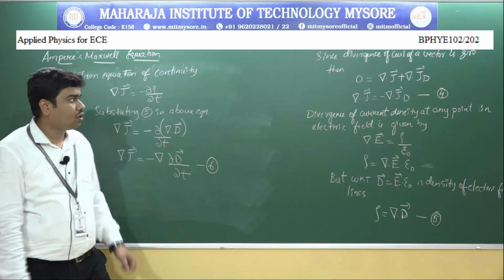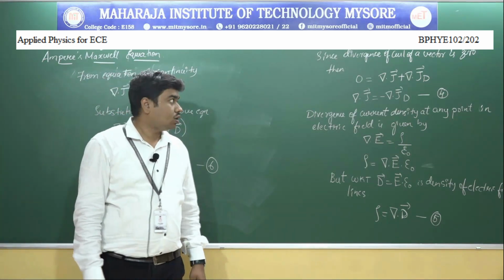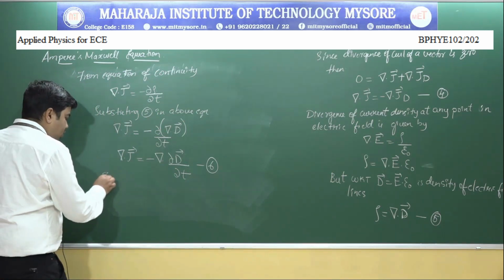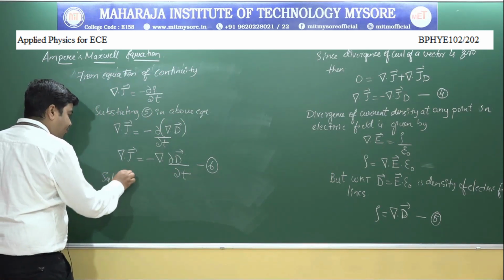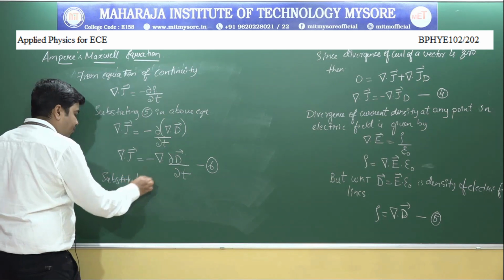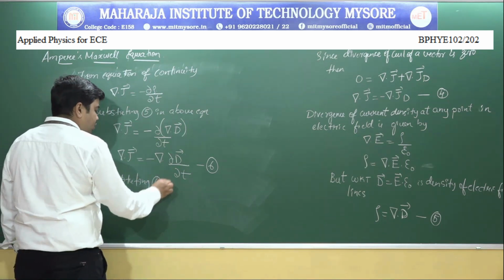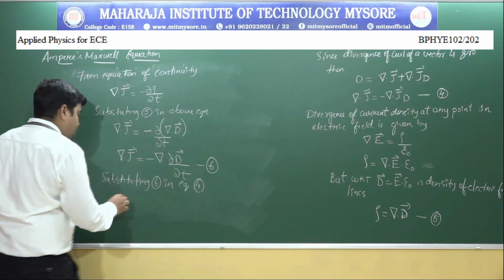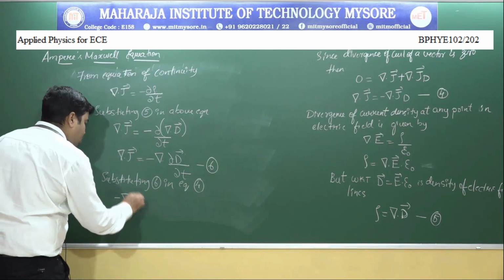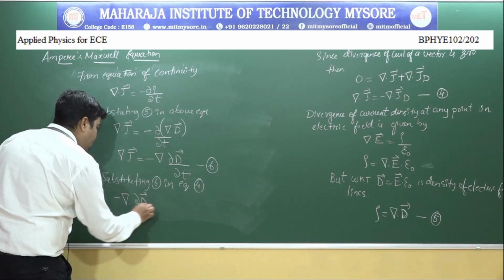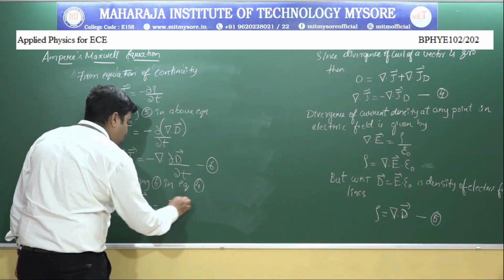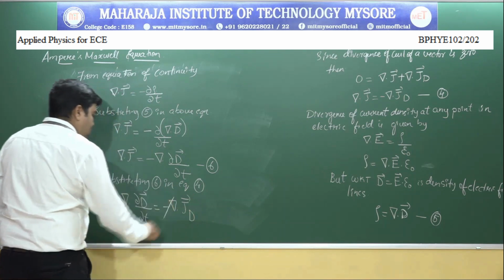Now, we have the equation del dot J is equal to minus del dot JD. Now, substituting 6 in equation 4, so minus del dot dou D by dou T is equal to minus del dot JD.